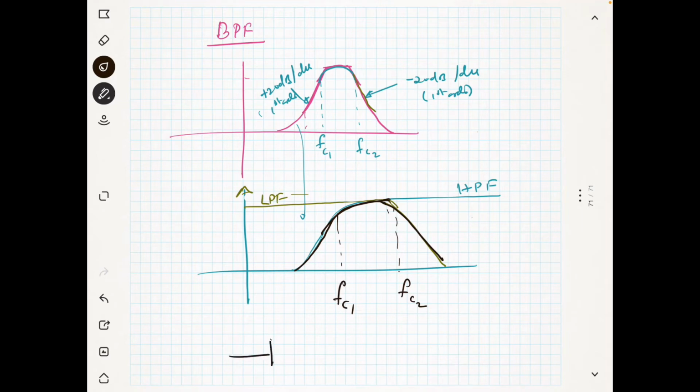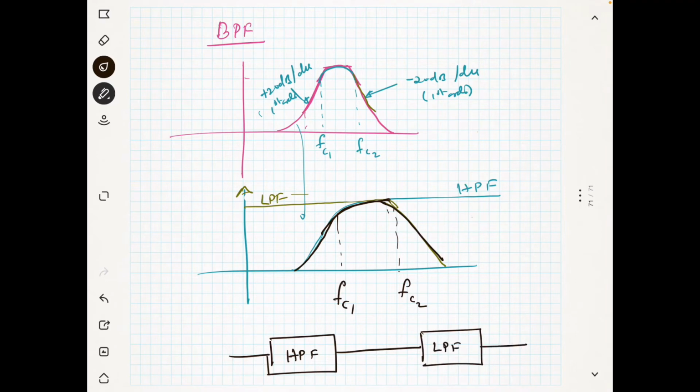If you have a first order high pass filter, then a low pass filter, you can combine them. You can use high pass then low pass, or low pass then high pass, it's no issue. So you have a high pass filter with the cutoff frequency FC1 and a low pass filter with the cutoff frequency FC2, and you will get the band pass filter.